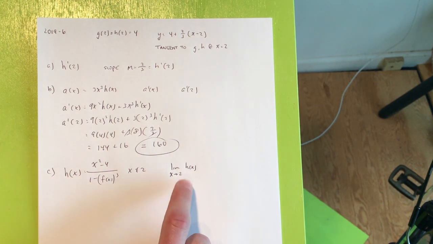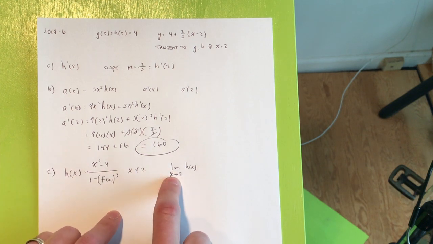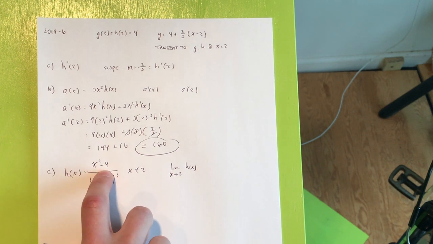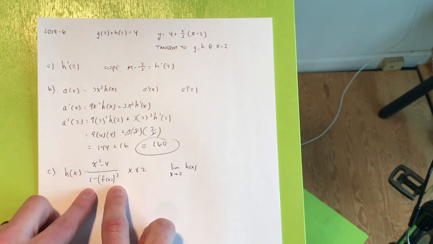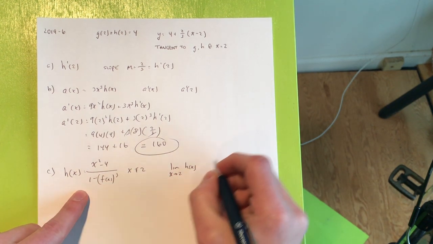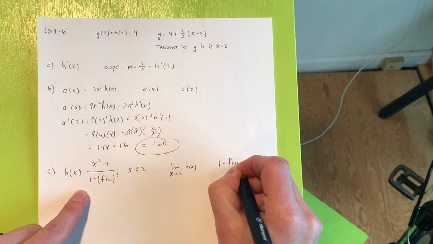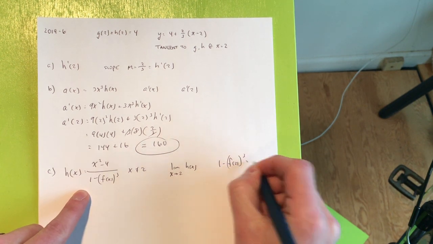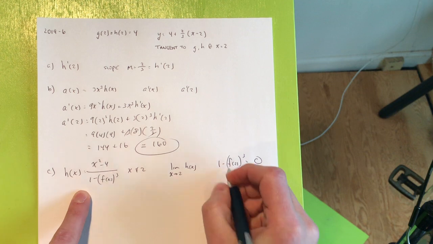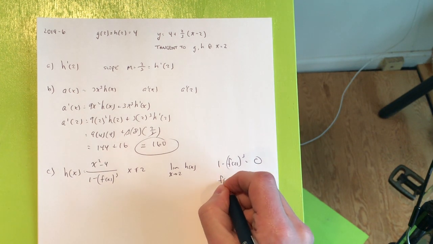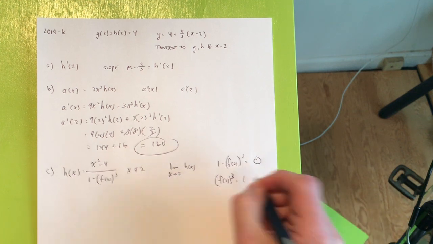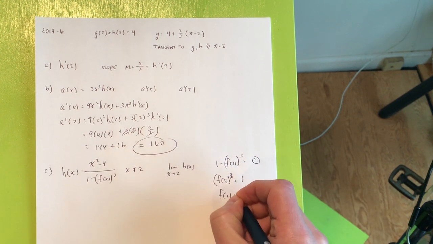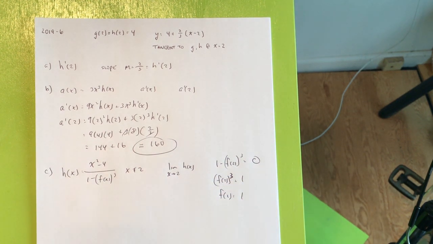Since L'Hopital's rule applies, that means, well, if we look, 2 gives us 0 in the numerator. That means we also have 0 in the denominator down here. That tells us that 1 minus f of 2 cubed is 0. Or f of 2 cubed is 1, and f of 2 is 1.